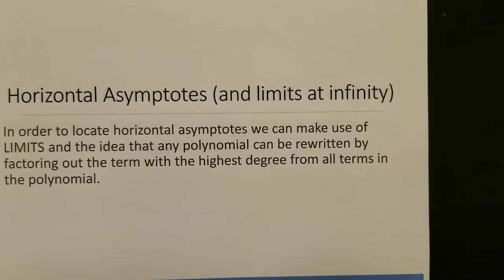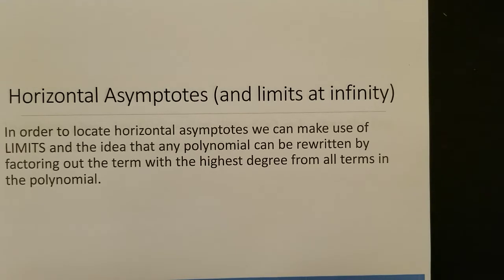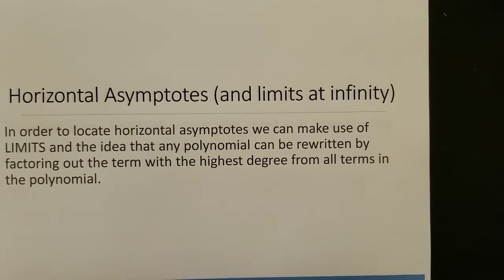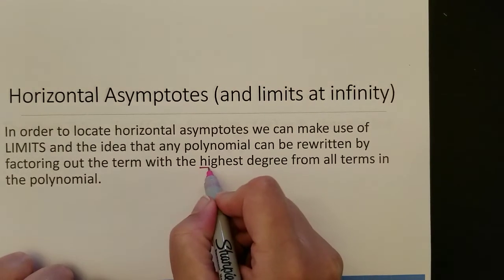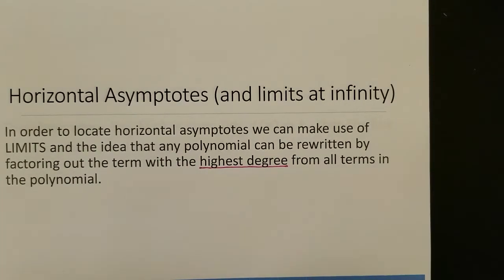So what we're going to do is think about that one special limit, the limit as x approaches infinity of the function 1 over x, and the idea that any polynomial can be rewritten by factoring out the term with the highest degree from all other terms in the polynomial. So that highest degree is going to be really important, that we're going to be looking for the highest degree in the numerator and denominator of our rational functions.